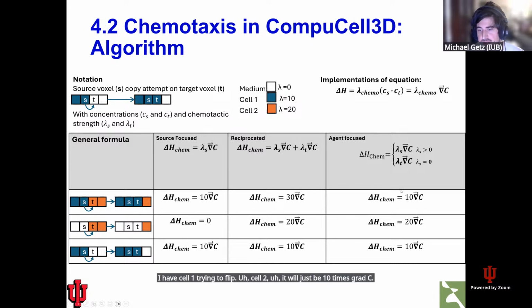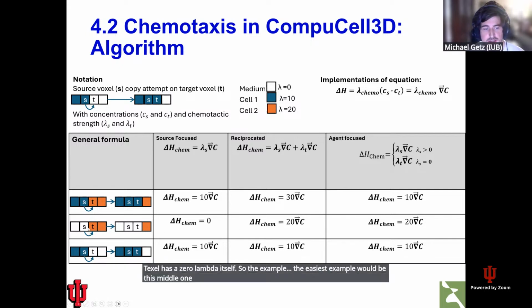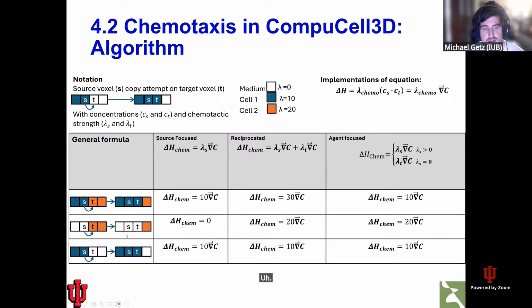The point I want to make about CompuCell's default sampling algorithm is that the lambda will inherit the source in all cases unless that source pixel has a 0 lambda itself. The easiest example is this middle one right here, where a medium cell denoted by the white is trying to flip the target cell, cell 2.